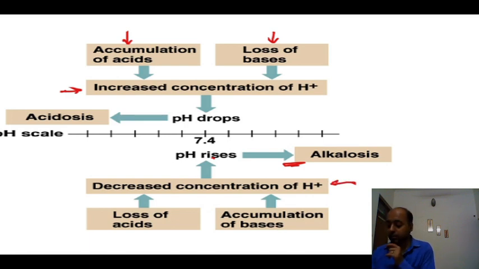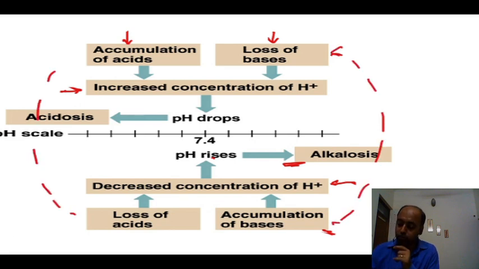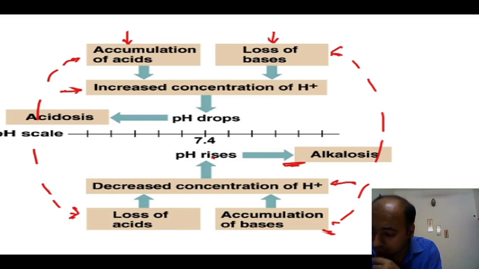How can it happen? Either the bases are accumulating, or there is loss of acid, opposite of what was happening in acidosis. So the change in amount of acid and the change in amount of base in the body are the two primary mechanisms causing acidosis and alkalosis.